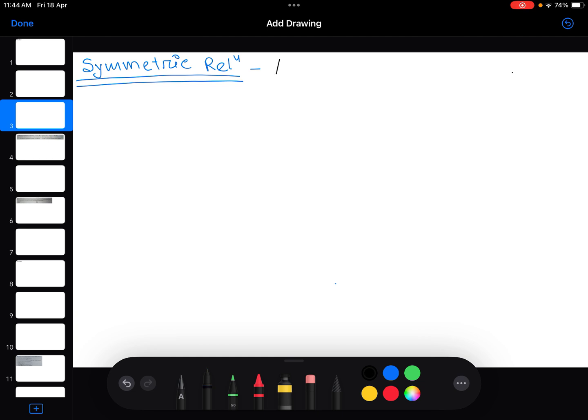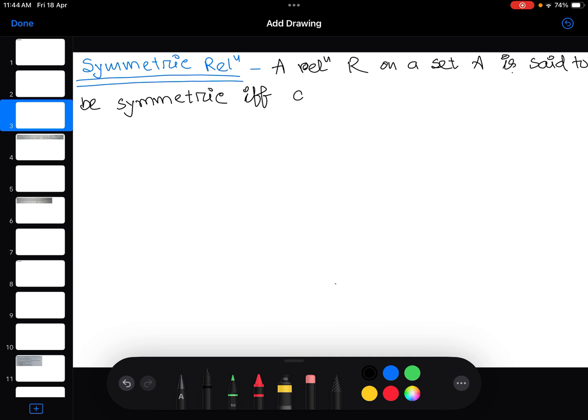A relation R on a set A is said to be symmetric if and only if (a, b) belongs to R implies (b, a) belongs to R for all a, b belongs to A. Sorry, I have to write it as ordered pairs.